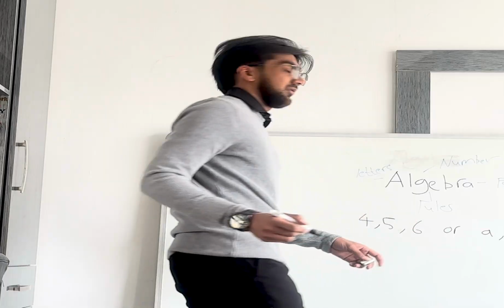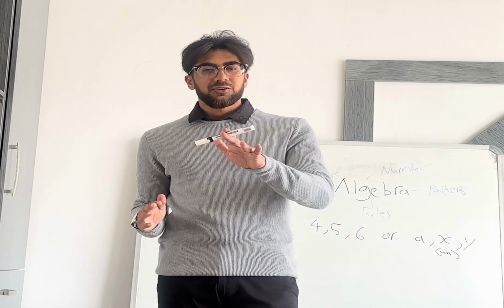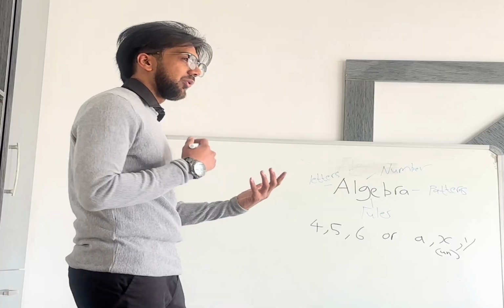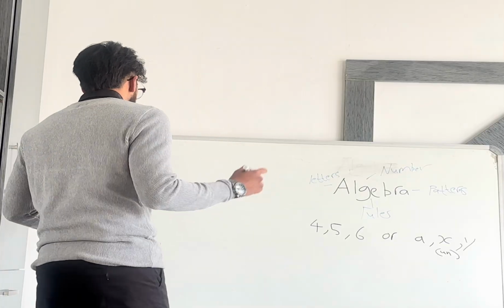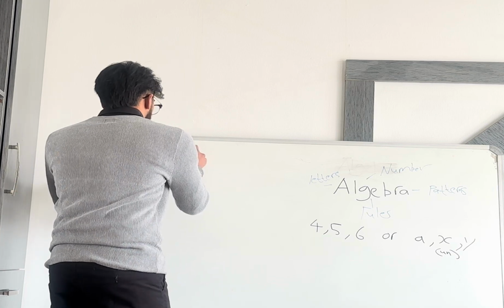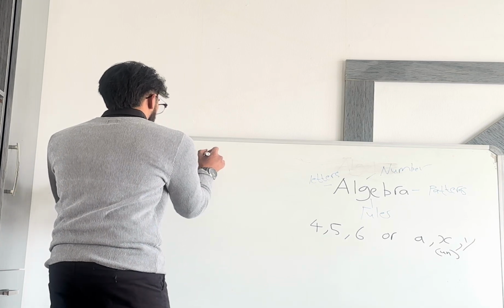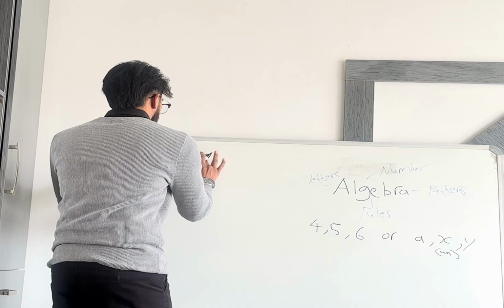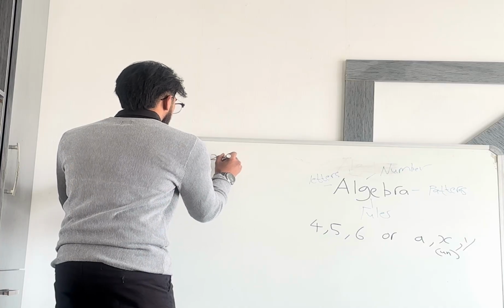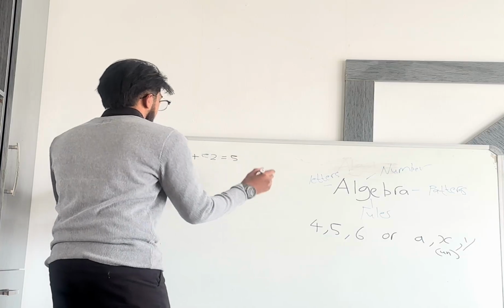Unknown. Okay. Now I know that might sound a bit confusing, but let's work on a few examples so we have a better understanding. So if I have to give you a sum like 3 plus 2 equals 5.